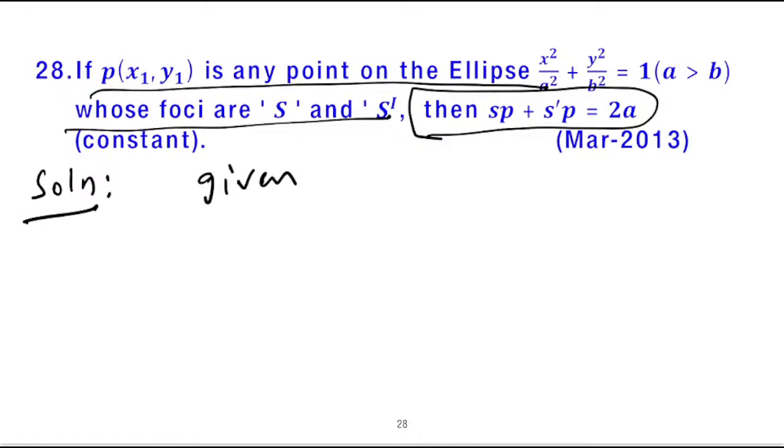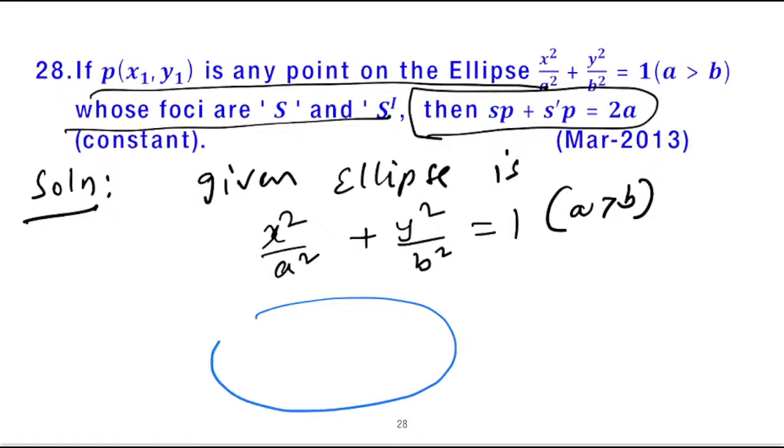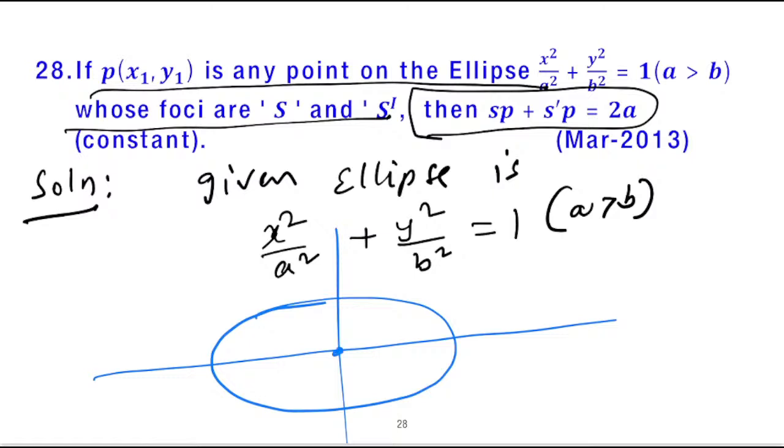Given ellipse is, and its diagram is, this is the diagram.